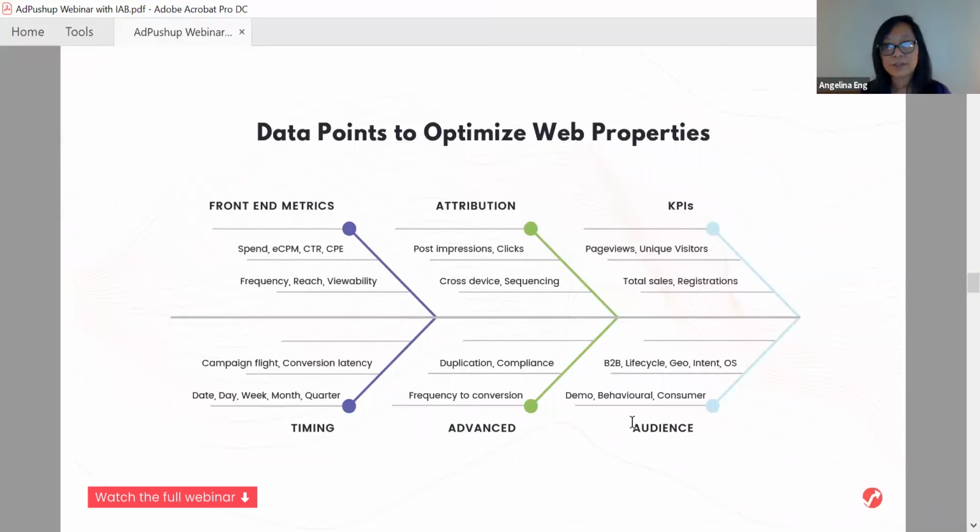And then on the KPIs, it's really also trying to understand, getting more insights about your consumers, not just demo and from your registration, but really trying to connect their behavior as well as any offline data that you can get, and cross-tabulating that with the types of devices that they're on, time of day, day of week, and identify what content and what pages most users are interested in.